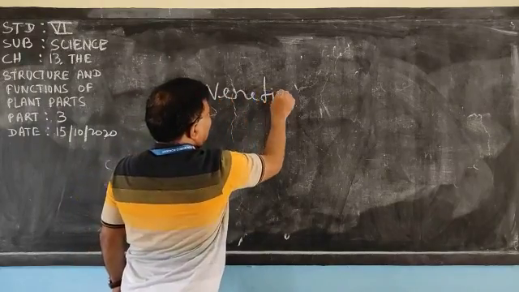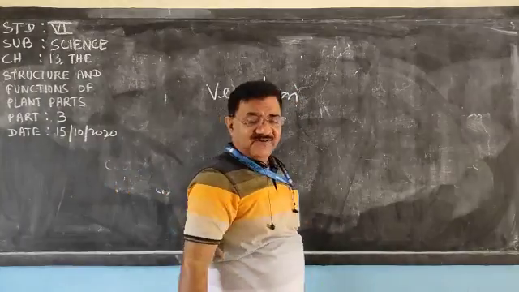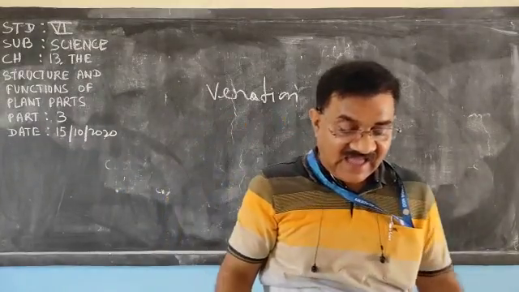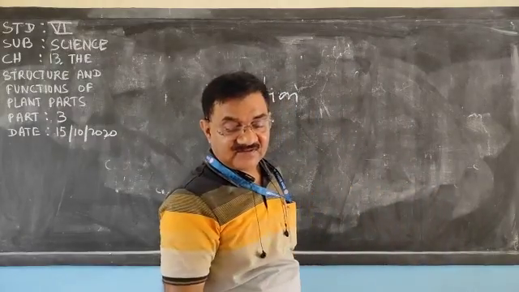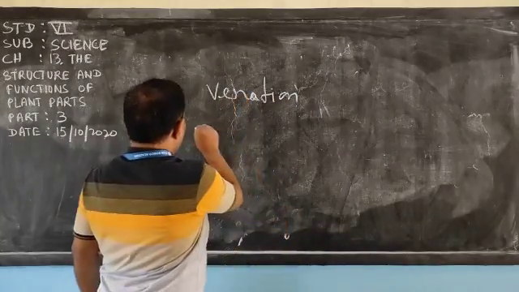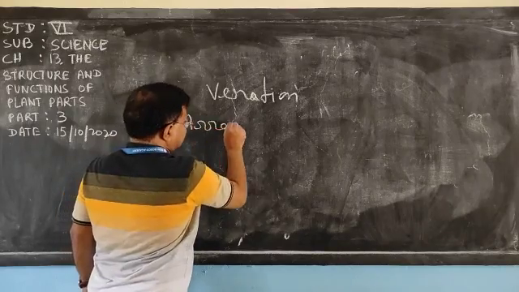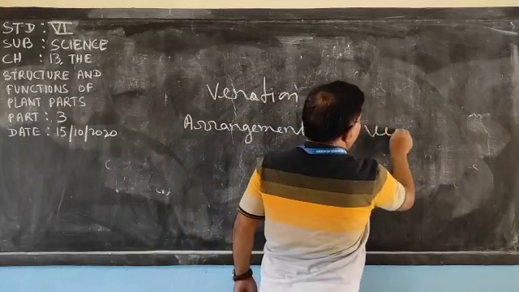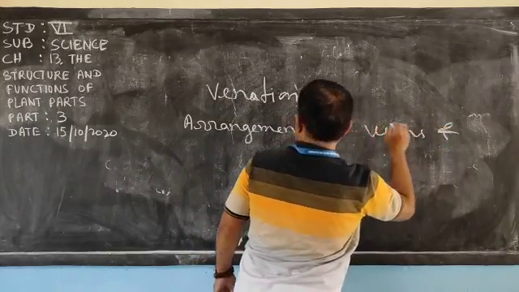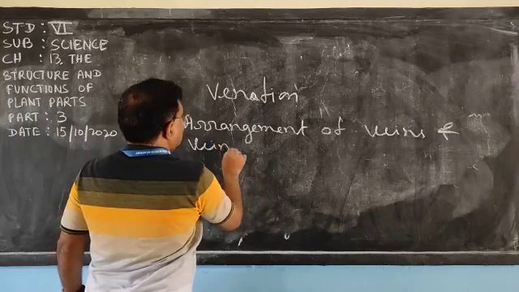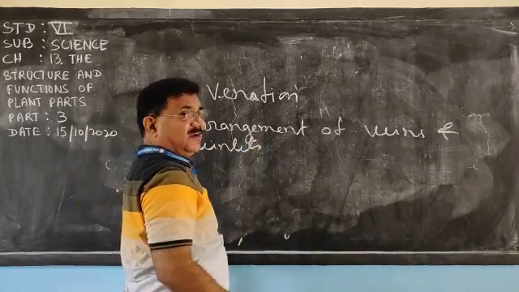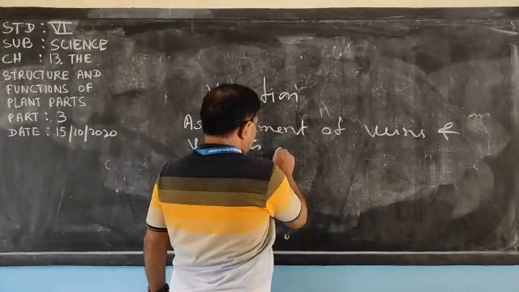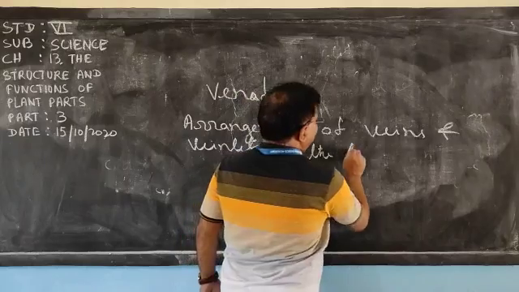Once more, let me make you clear about venation. Venation is the arrangement of veins and veinlets on the leaf blade.